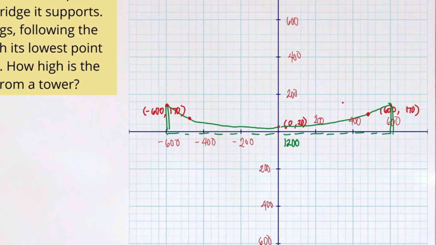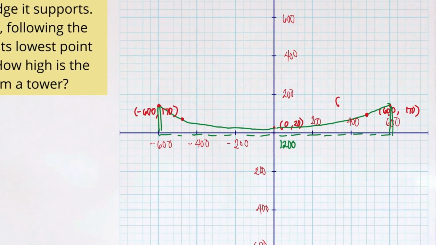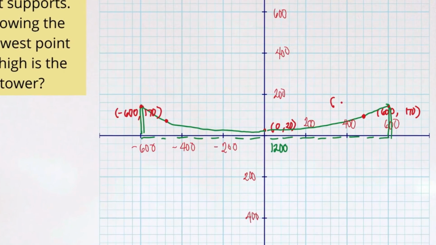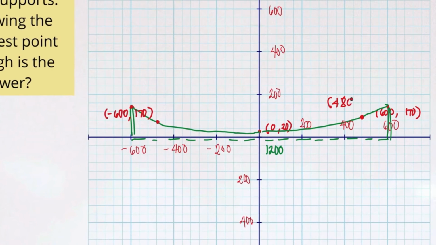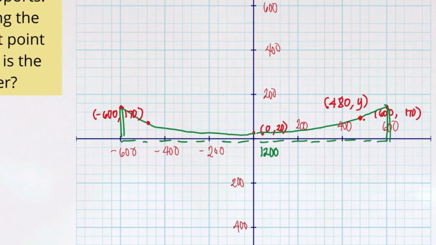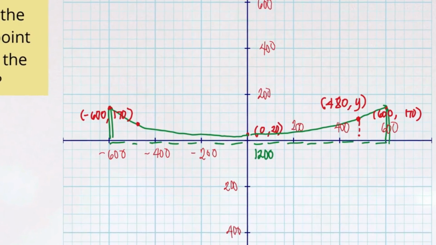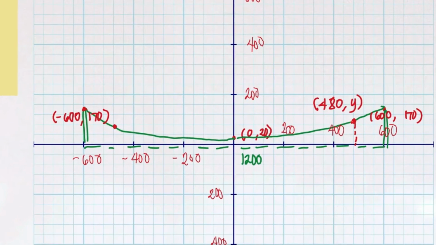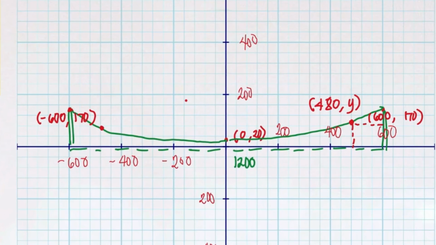The coordinates of this point are 600 minus 120 or 480 and y, which is what we're looking for as the height of this point on the cable.